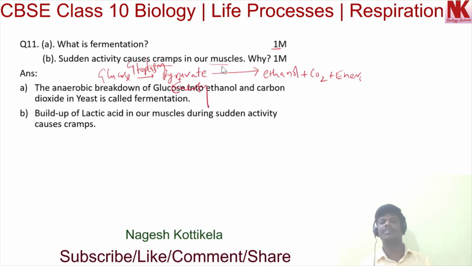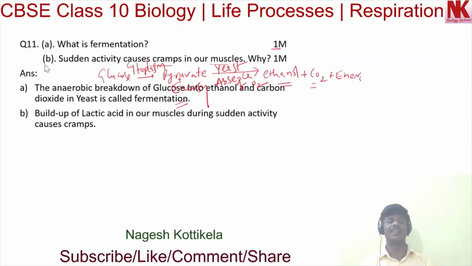After that, in yeast, because of the absence of oxygen, ethanol is formed, carbon dioxide is formed, and a little amount of energy is released. This anaerobic breakdown of glucose into ethanol and carbon dioxide in yeast is called fermentation. So this is a 1 mark question.